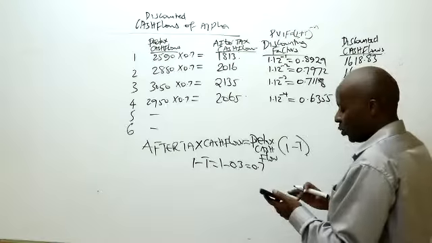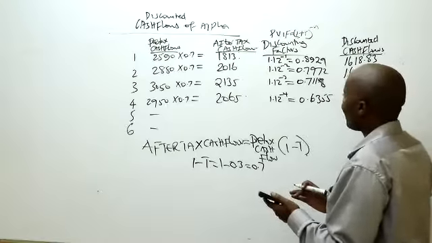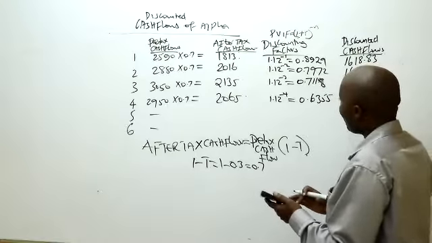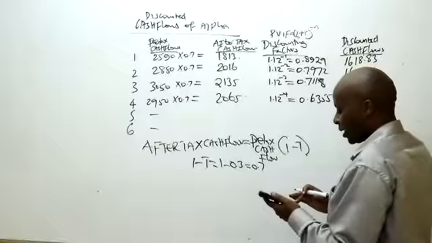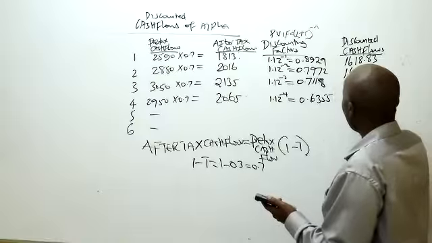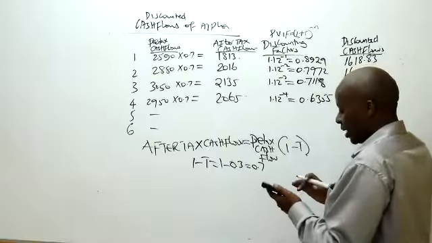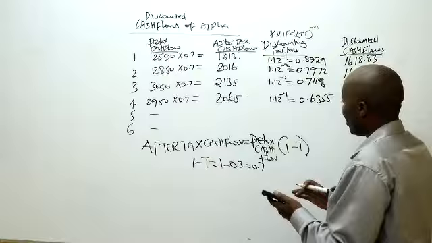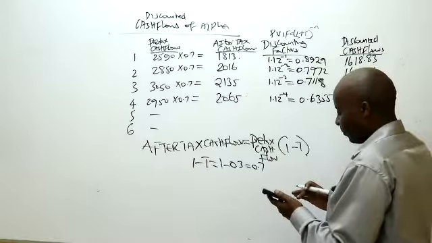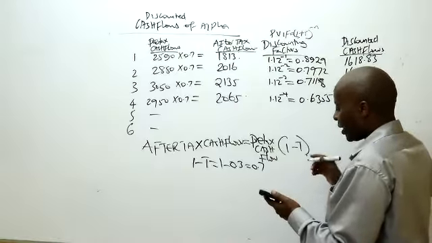We have 2135 times 0.7118, giving us 1519.69. And then we have 2065 times 0.6355, giving us at the end of the day 1312.31.